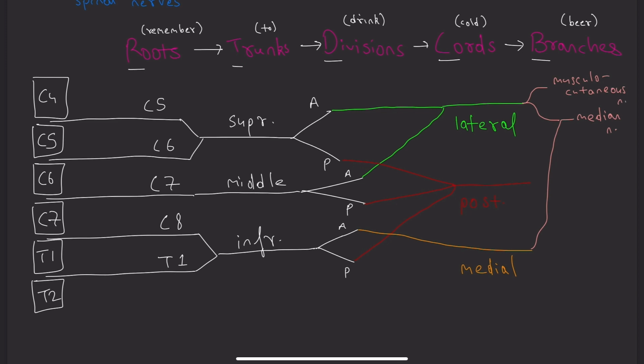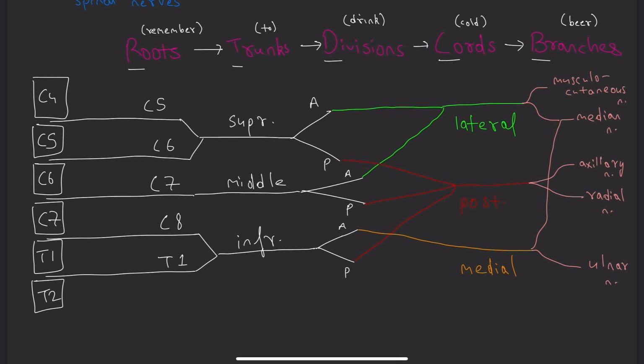The posterior cord will give out two branches. The first one being the axillary nerve and the second one being the radial nerve. And lastly, the medial cord will also give out another branch, which is the ulnar nerve.